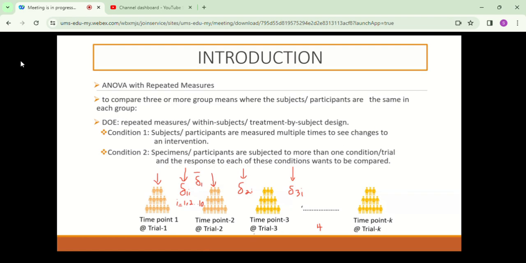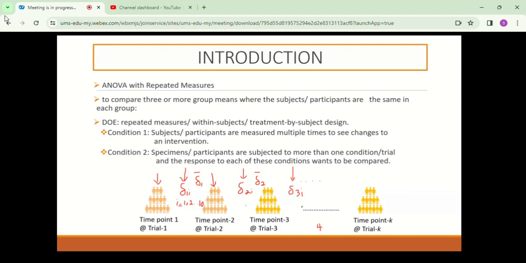We also have delta 2 bar, the average of the differences from the second difference, between point 2 and point 3, and so forth.